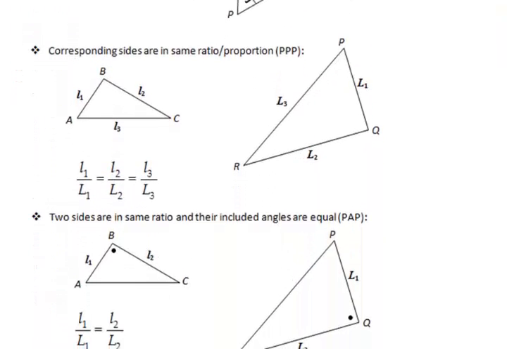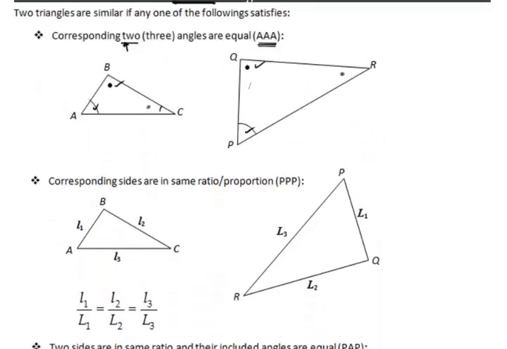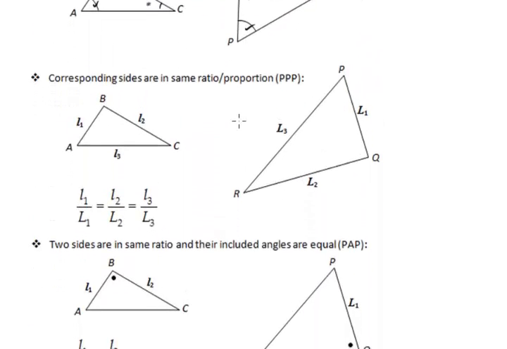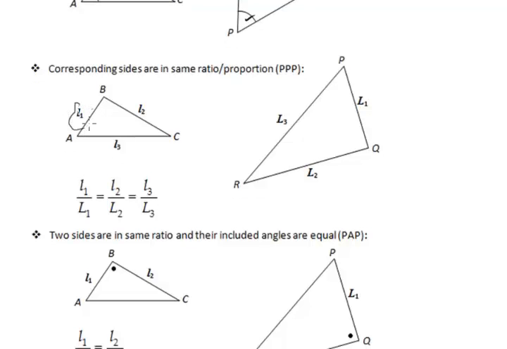The second condition under which two triangles can be similar is their side length ratio. Say AB, its corresponding side is PQ, BC, its corresponding side is QR, and AC, its corresponding side is PR. So AB has length small l1, its corresponding side PQ has length capital L1.